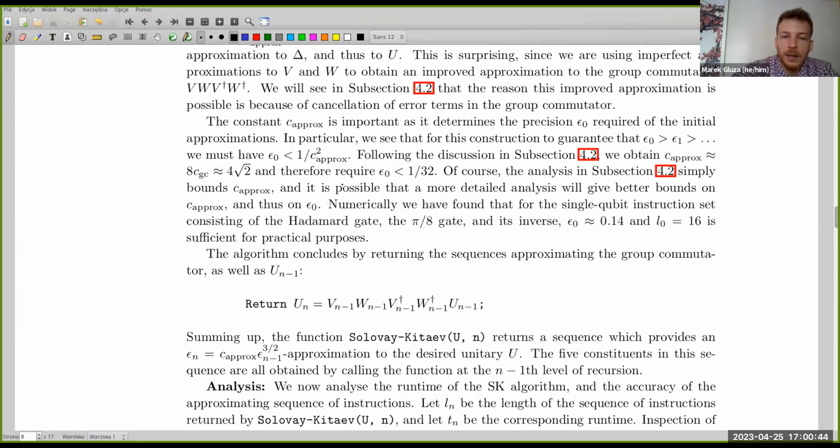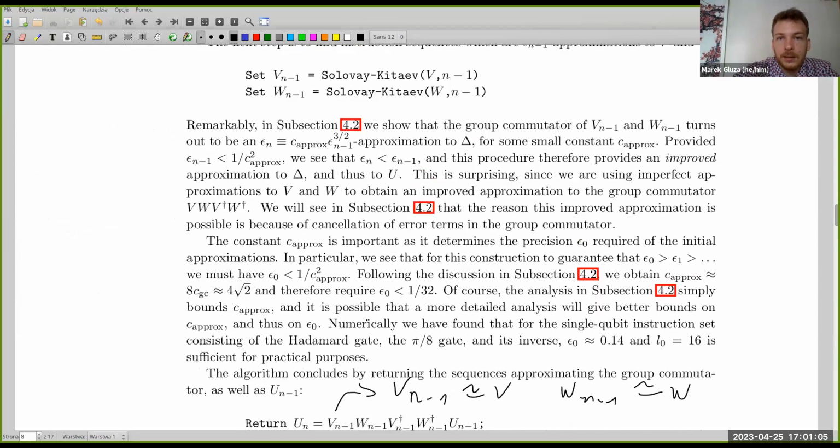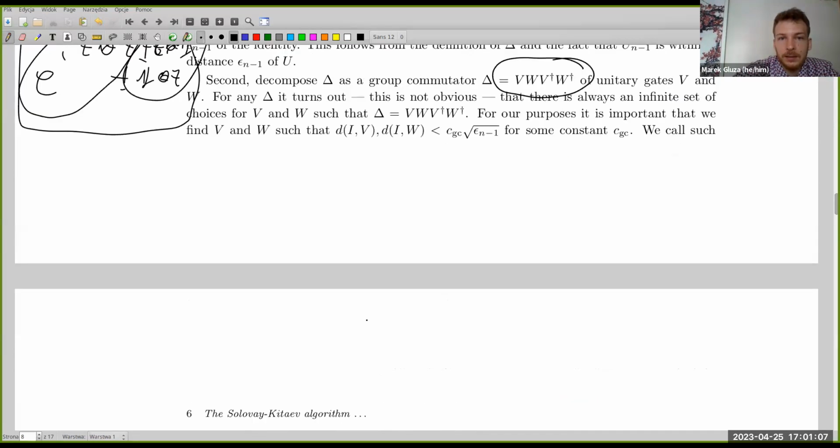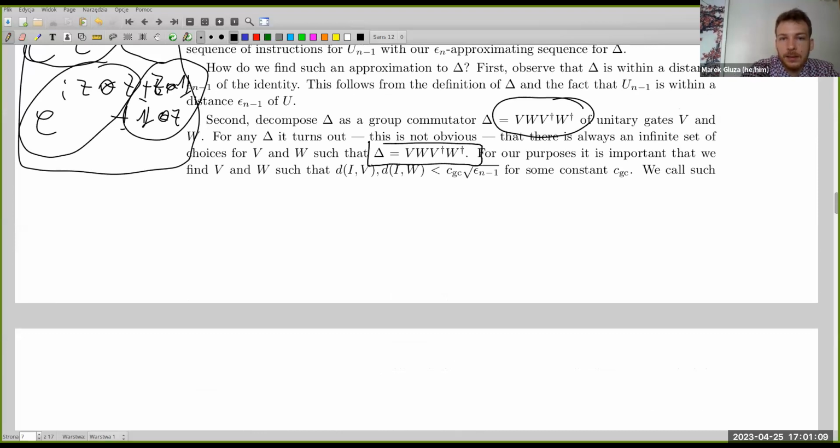So V_{n-1} is an approximation to V, and W_{n-1} is an approximation to W. Once we have this, then we had that delta is this.